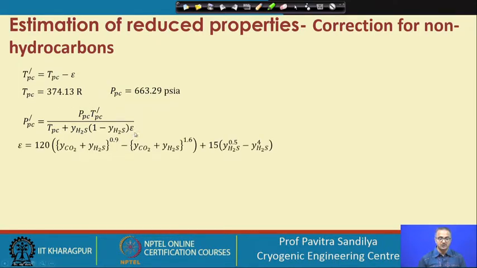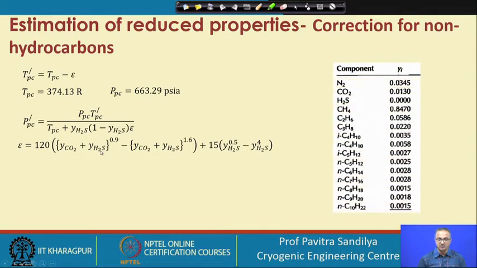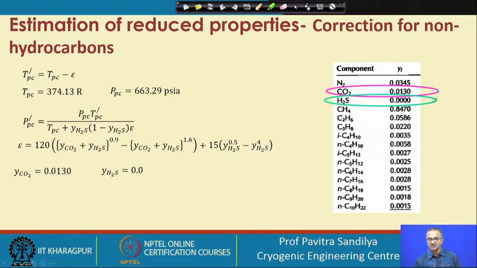So, in this particular formula, we have epsilon in the corrected pseudo critical temperature and pseudo critical pressure, and this epsilon is found from this formula. Here we find that we have the mole fraction of carbon dioxide and the mole fraction of hydrogen sulfide gases. So, when we incorporate from this particular table, the carbon dioxide mole fraction is 0.0130 and the H2S is, there is no H2S, that is 0.000.